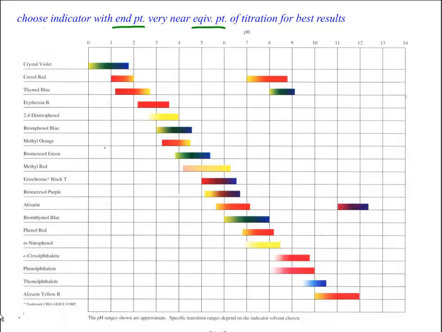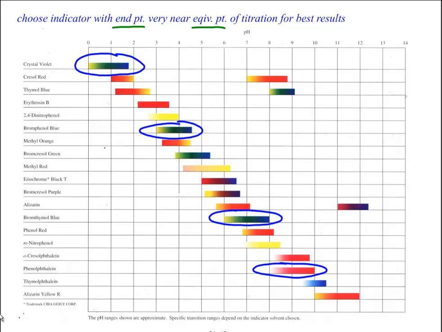For example, we used crystal violet when we were doing the equilibrium lab. You've used bromophenol blue in another lab. In the antacid lab, we used bromothymol blue, and you may have used phenolphthalein in your first year chemistry class. That tends to be an easy to use and easy to see color change indicator. Maybe we used methyl violet instead of crystal violet.